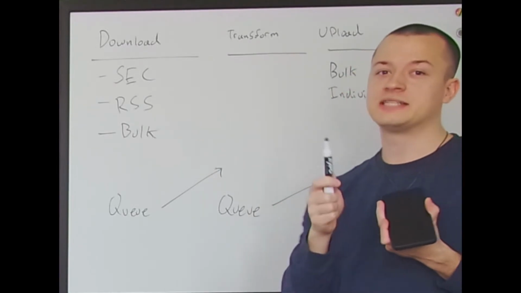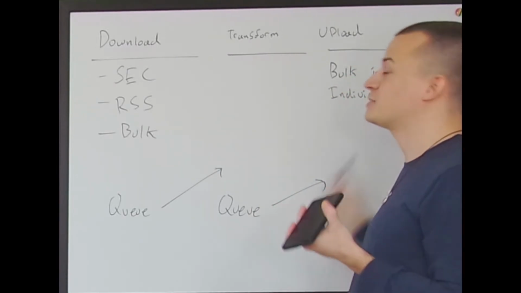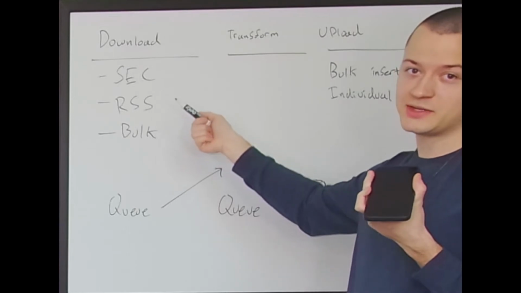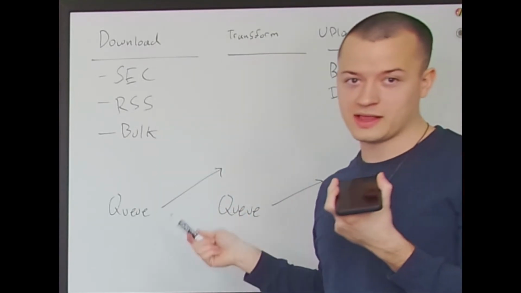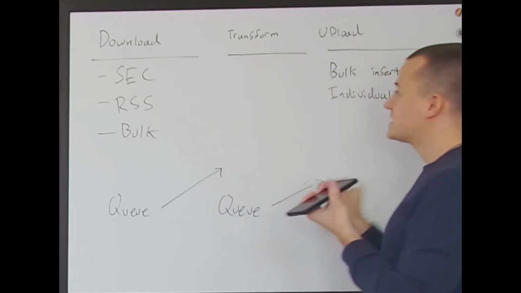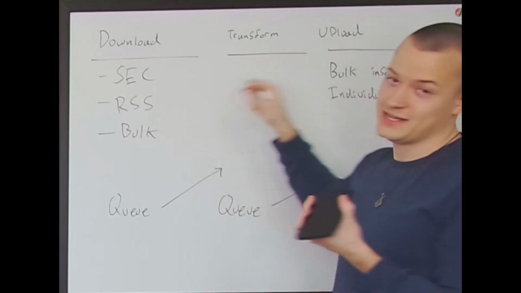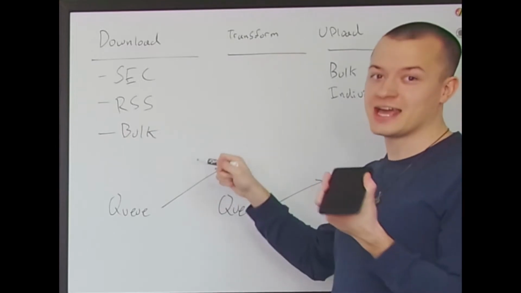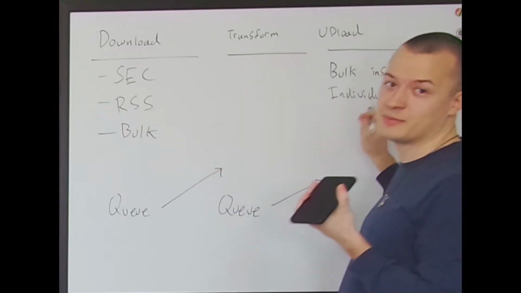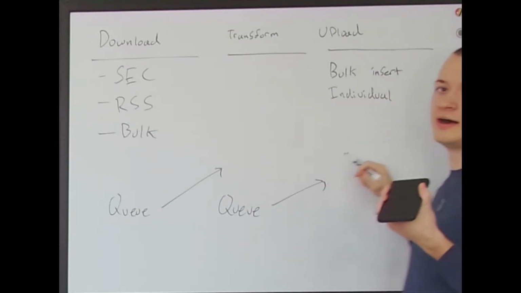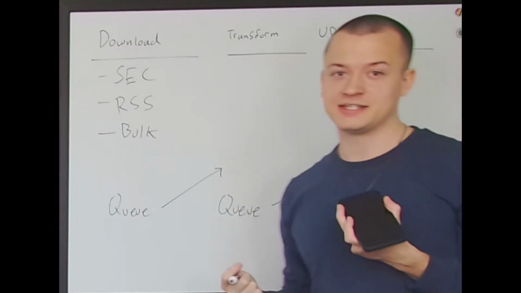And the reason that's good is because, especially at the start when I'm doing the bulk download, I might have thousands of records become available all at once. And if that's the case, I can then use multiprocessing again in both the transform stage and the upload stage in order to process that data faster.